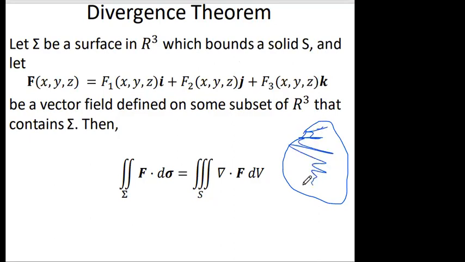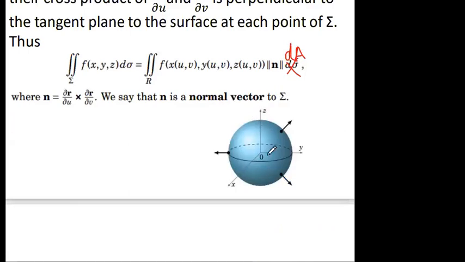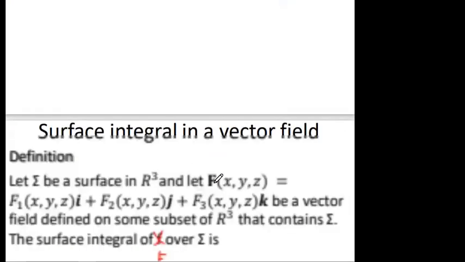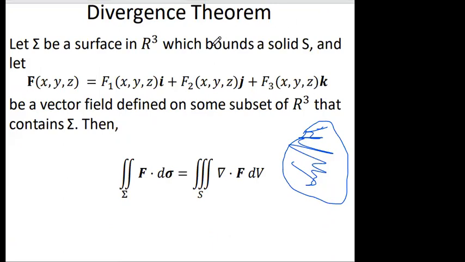A three-dimensional solid, like a ball, like this shape. So leather ball, and the surface is sigma, right? Sigma is the boundary which bounds the solid S.